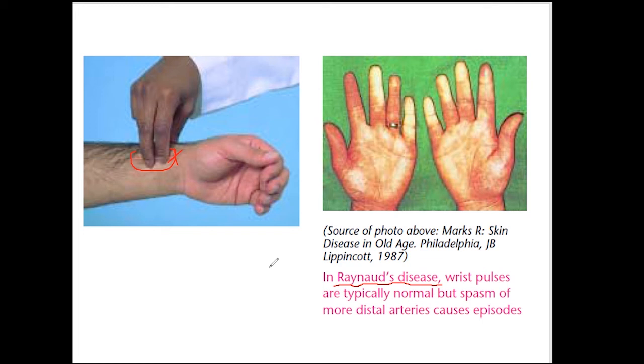So usually, if you check the pulse, you can still feel the pulse. But the small arteries in the hand, after passing the pulse area, may be spasming. What does spasm mean? The artery contracts.